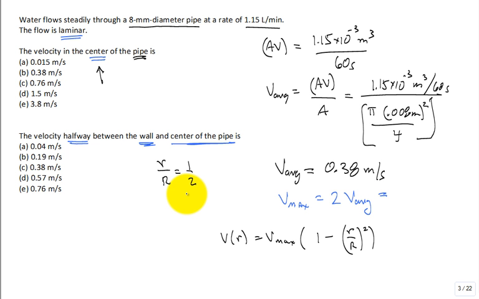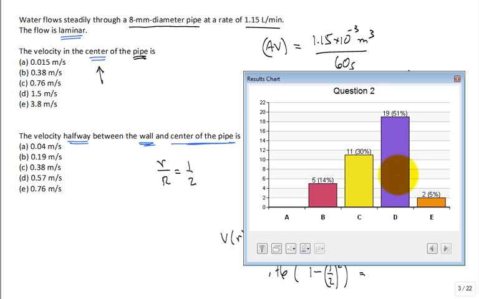Lowercase r is halfway. So basically it's 0.76 times 1 minus 1/2 squared. Is that right? So what do you get for that answer? Is it 0.57? Congratulations.